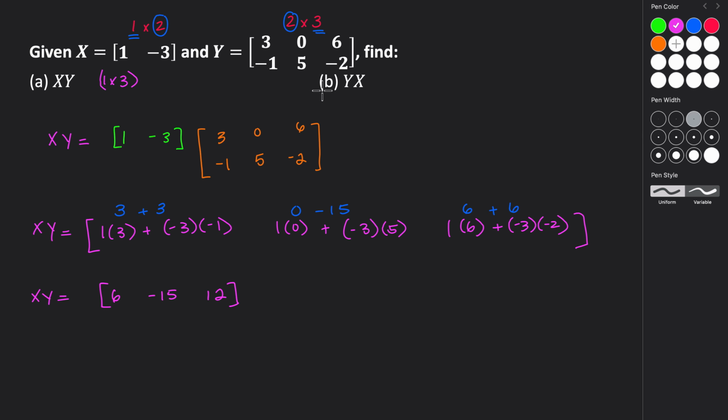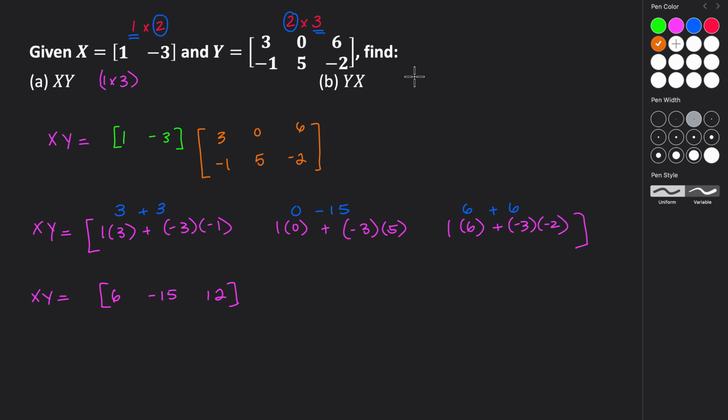Now, when we do x times y and we have y times x here, we can see that this is a little different, in that the order has changed. So since the order's changed, we have to consider what is happening in that situation. If we're trying to multiply y times x, that's going to be this times this.